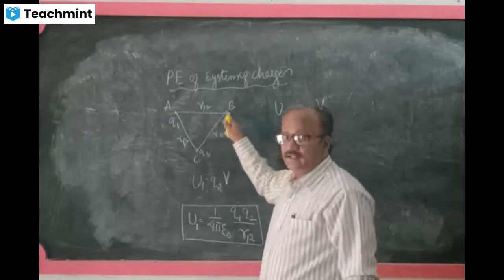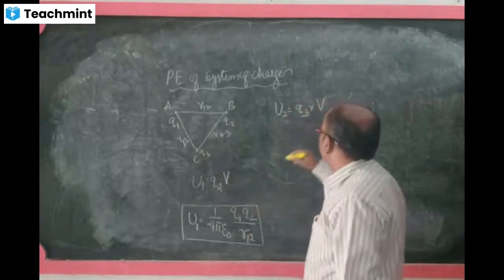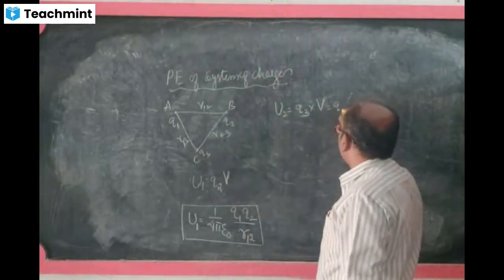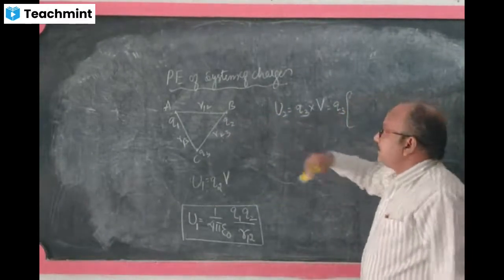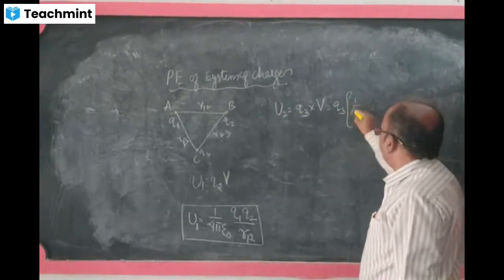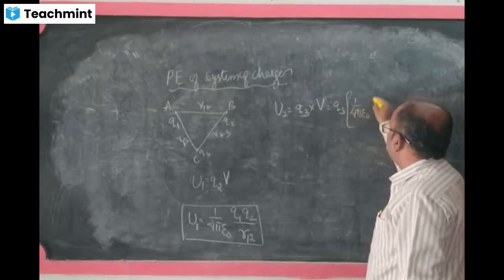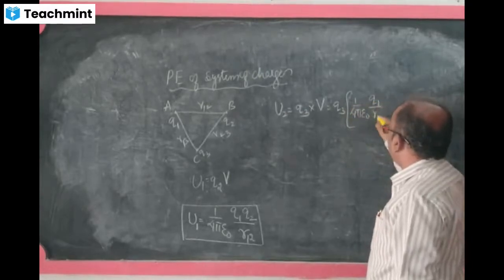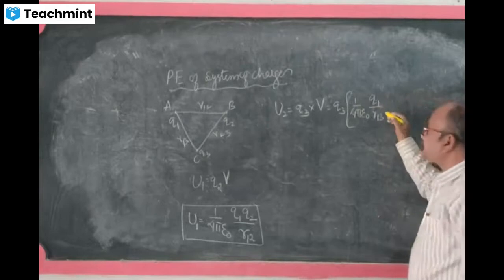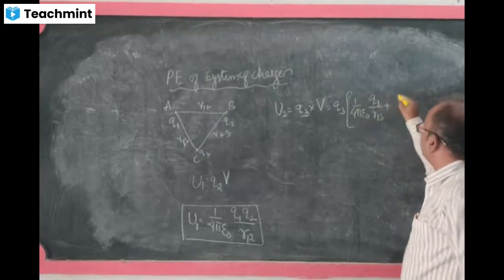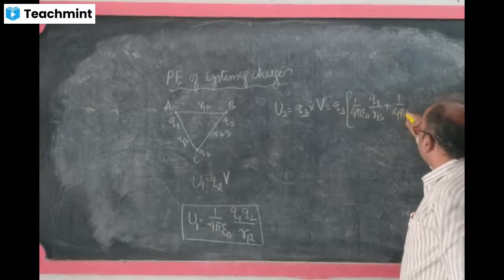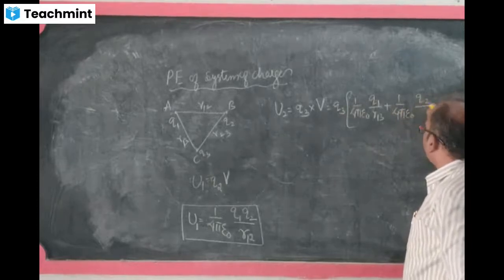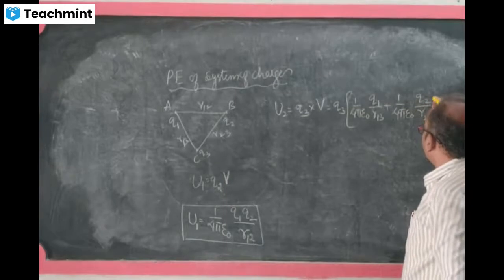So here first one charge is 1 divided by 4 pi epsilon naught Q1 by R13 plus 1 divided by 4 pi epsilon naught Q2 by R23.